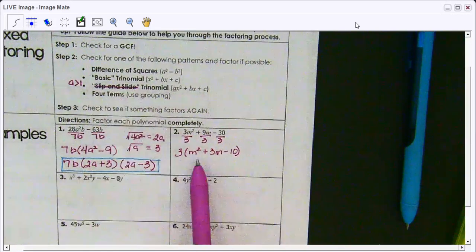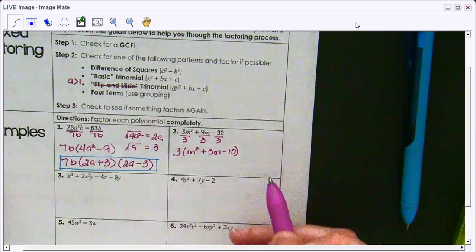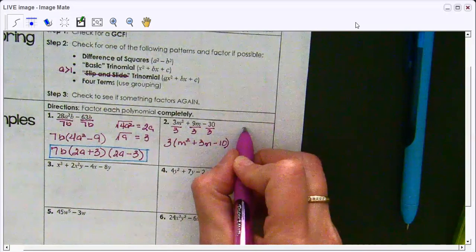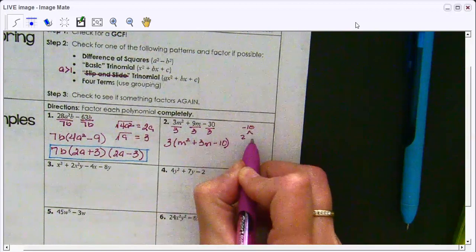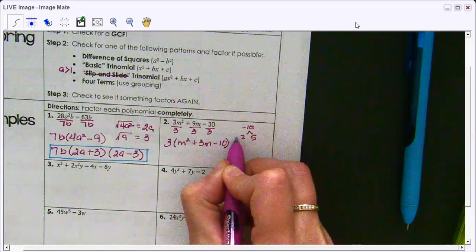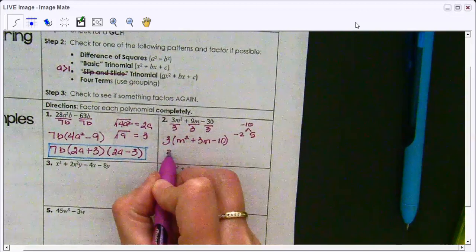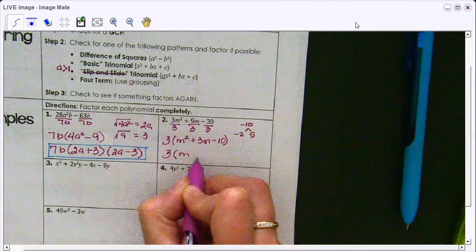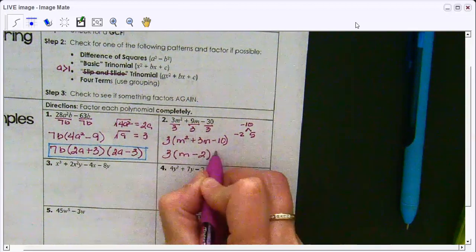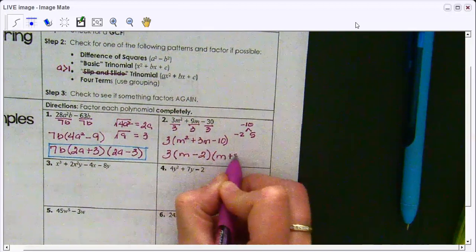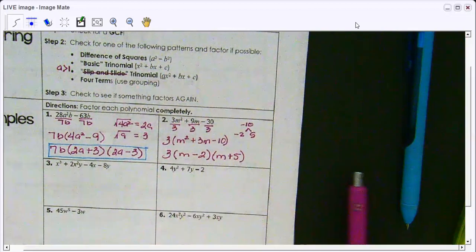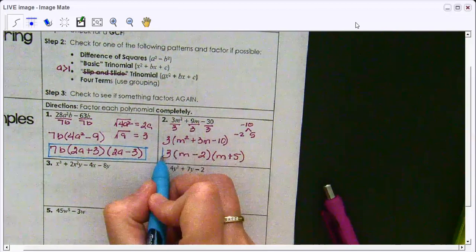Basic because there's a 1 right here. So I'm going to find factors of -10 that add up to 3. And it would be a -2 and 5. So 3 times m minus 2 times m plus 5. And I can't factor any further, so that is my final answer.